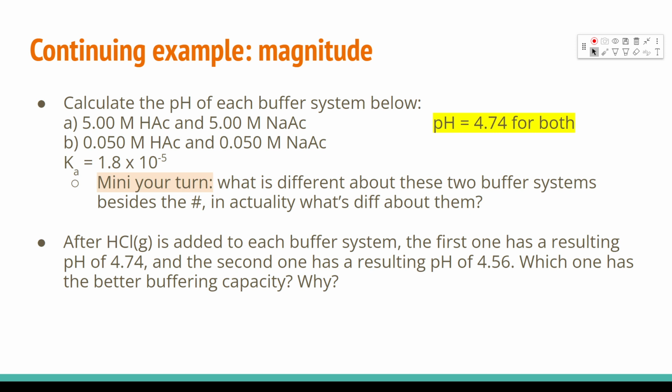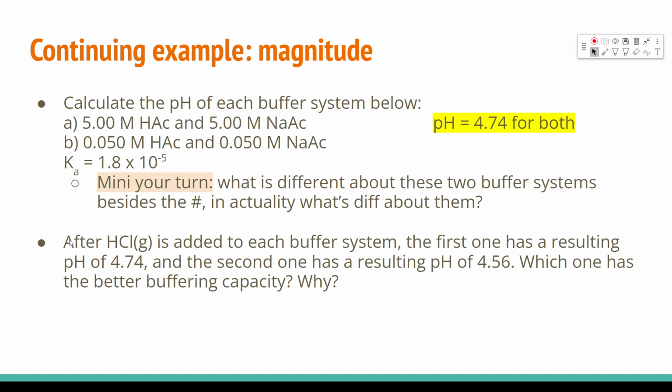Now, why is that? Well, we're looking at the magnitude of the amount we have. And so, as a reminder, we're looking again at the molarity, but specifically, what was different about them is the number of moles. So the first buffer had more moles of weak acid and more moles of its conjugate base, versus buffer B had less moles of both.